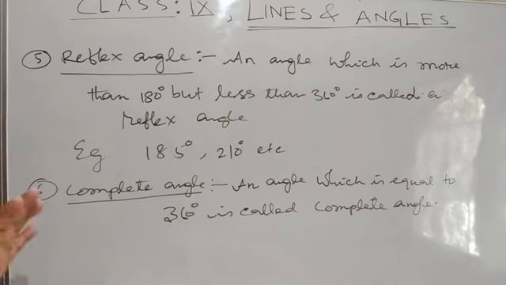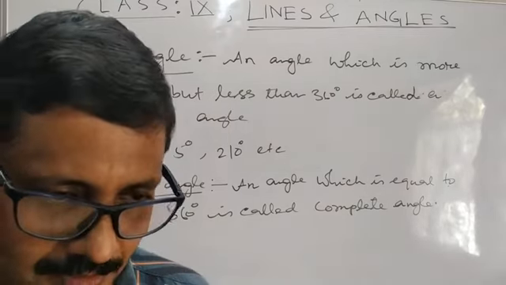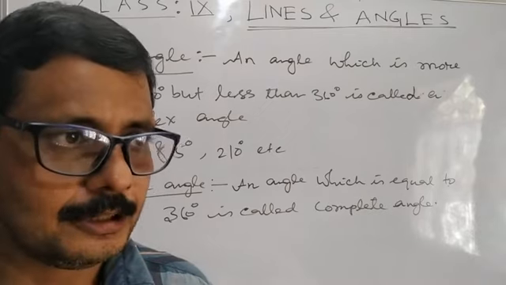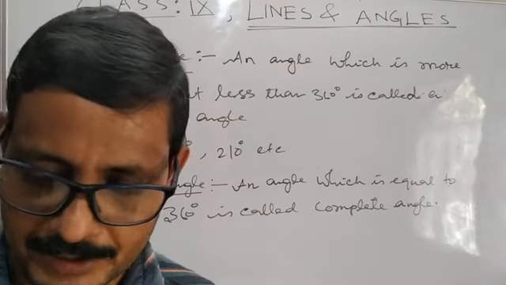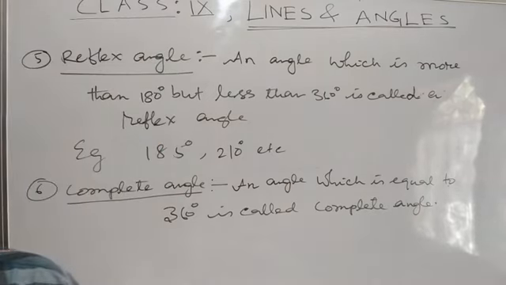So all these are the definitions that we have learned in lower classes. I am reviewing all these again so that you can remember. Now let us start the topic for class 9 standard.